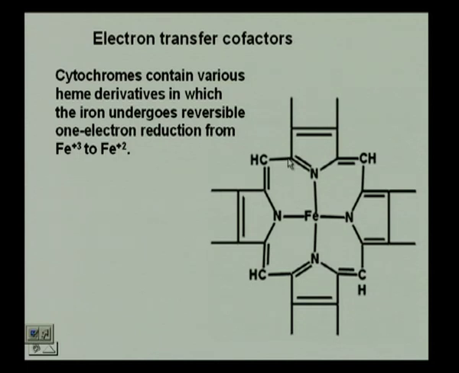So, there are different substituents in the hemes that make different cytochromes also. So, you have cytochrome A, cytochrome B, cytochrome C, but the difference lies in the fact that you have different substituents in the heme, and there is one cytochrome that even has 2 hemes associated with it. Now, in this case, the iron is coordinated to the nitrogen of the pyrrole rings, right.